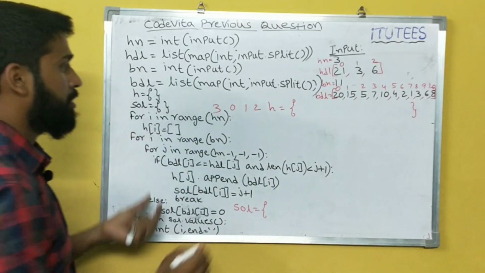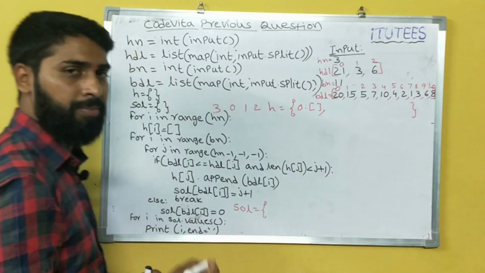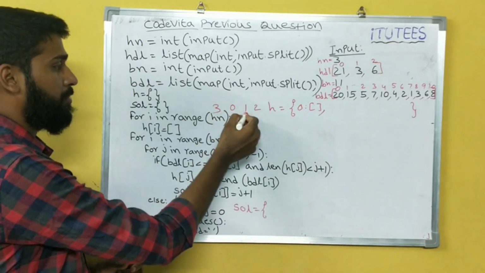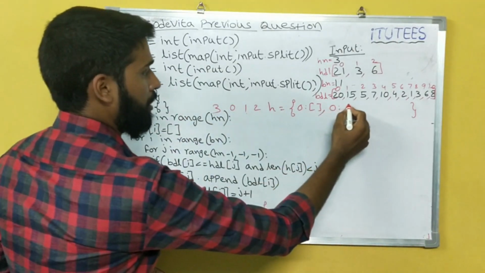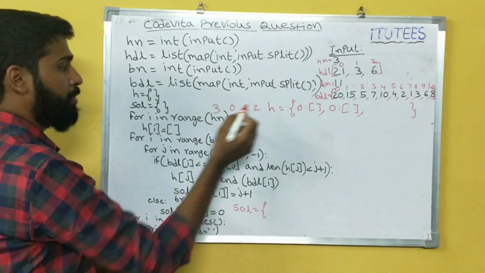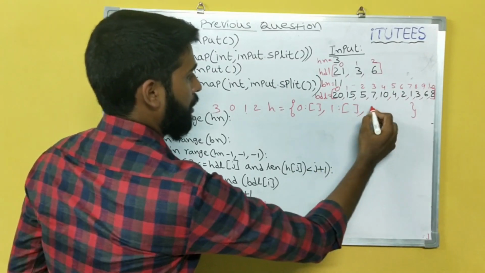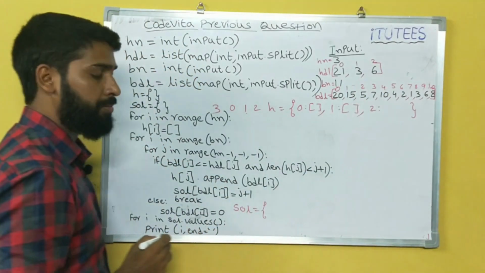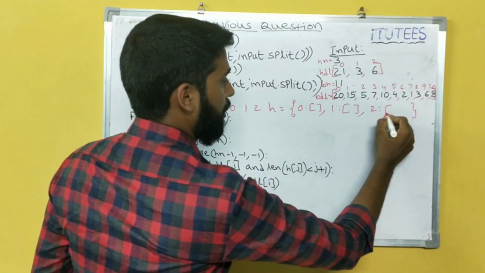So H of 0 equals an empty list. Next it becomes 1. H of 1 equals empty. Next 2. That means H of 2 equals empty.